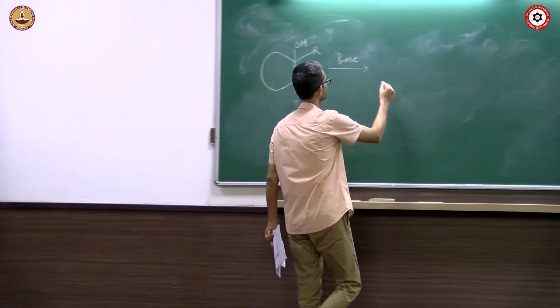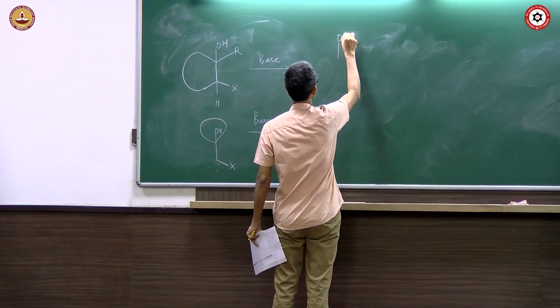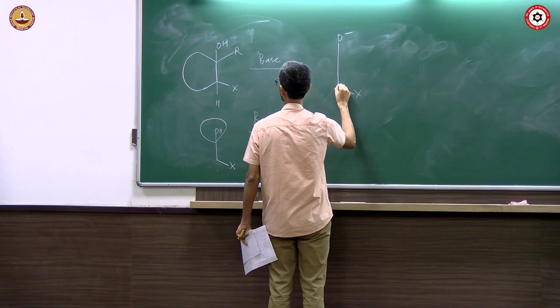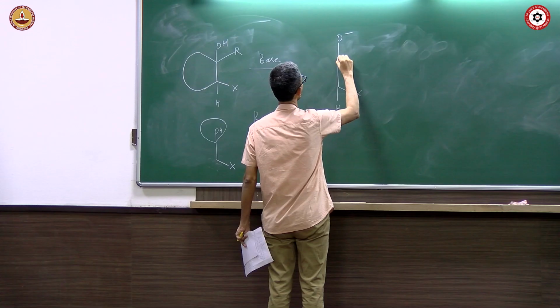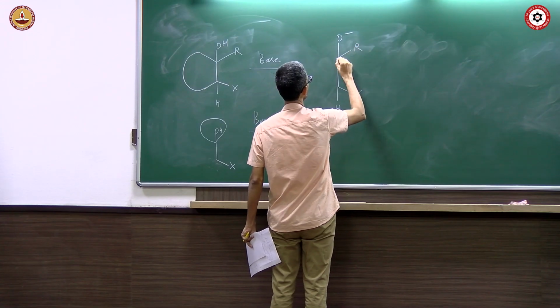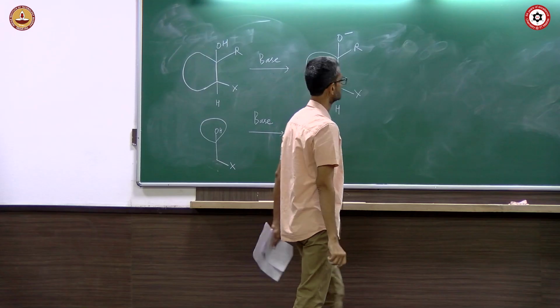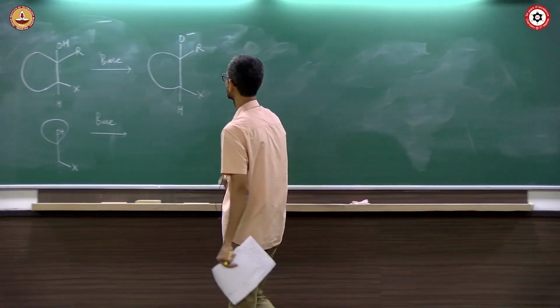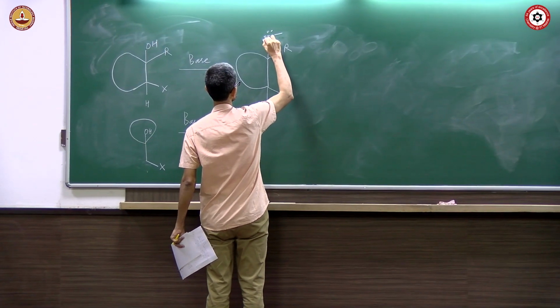So the intermediate will have, now the moment you have generated the O minus, oxygen will have 3 lone pairs.